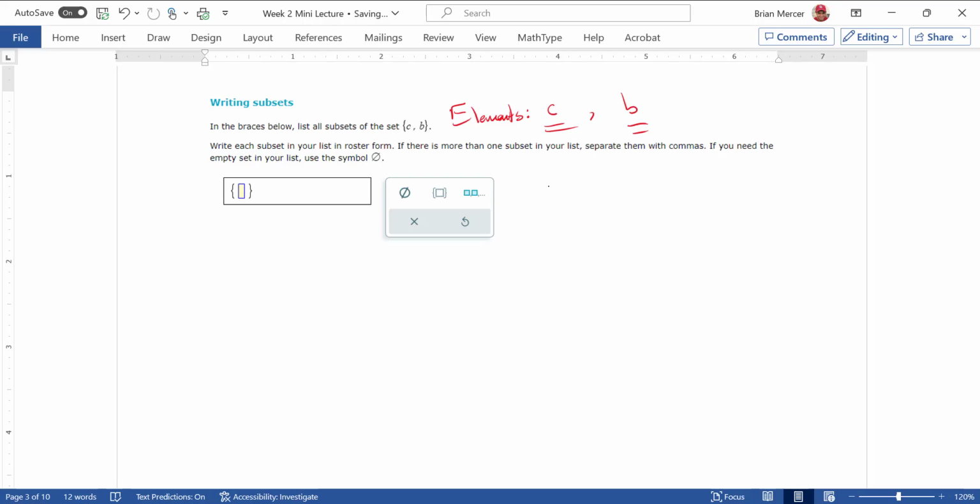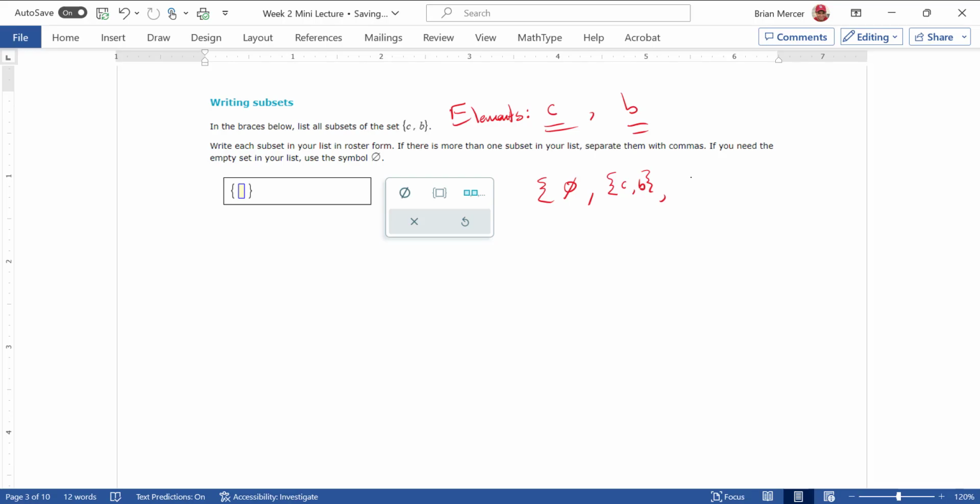So other subsets, first of all, remember that every set contains itself and the empty set. So we're supposed to list all of the subsets in roster form. So we're going to say, first of all, the empty set is a subset. And we're also saying the original set itself, which was C and B, is a subset.